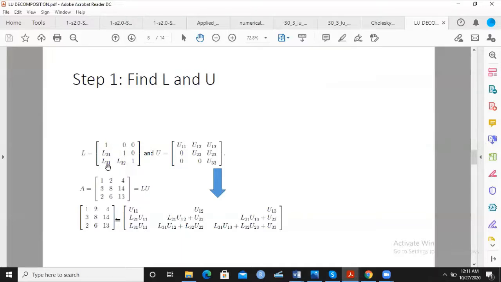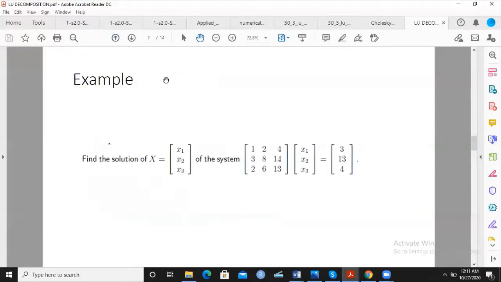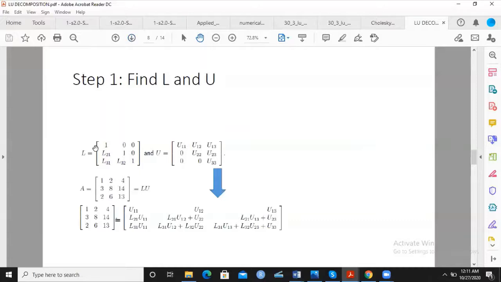So if I have this scheme in my mind, that I have a 3 cross 3 matrix here, right? So of course L and U will also have dimensions 3 cross 3. Now you can see that in the lower triangular matrix, above the diagonal you have zeros, and in the upper triangular matrix, below the diagonal you have zeros. Now how many unknowns are there? 1, 2, 3, 4, 5, 6, 7, 8, 9.